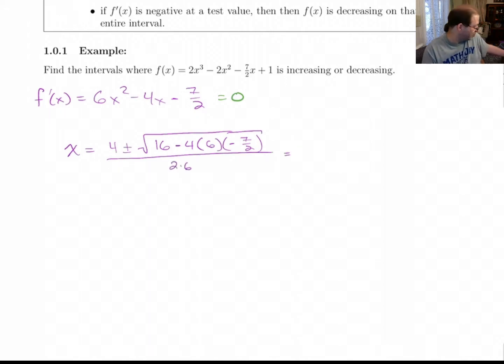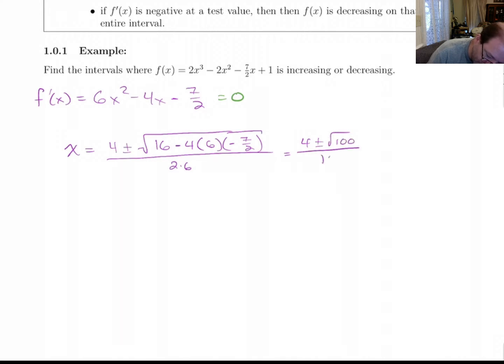Now if I grab my calculator and plug in that stuff, 16 plus 4 times 6 times 7 over 2, it gives me 100. So 4 plus or minus the square root of 100.